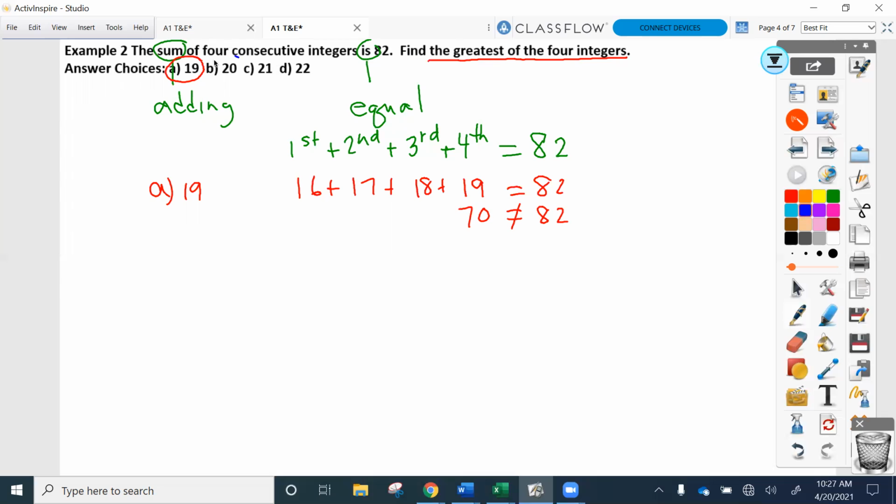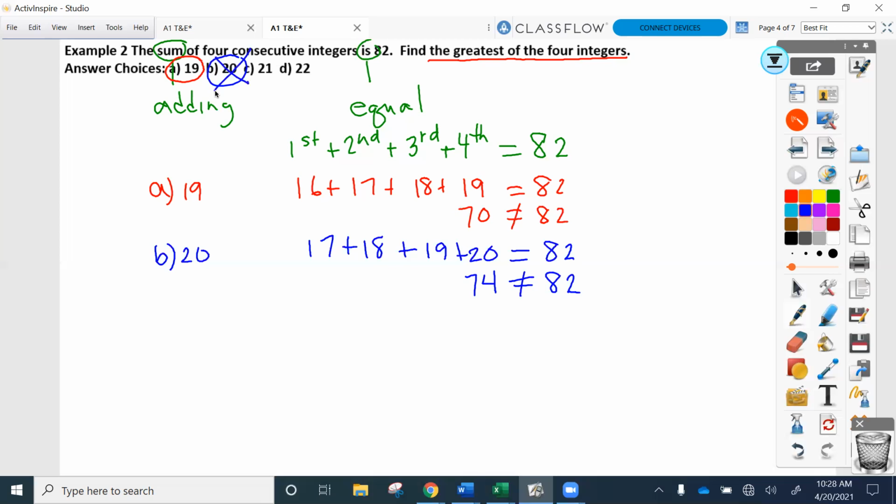So let's try B. Well, if 20 was the greatest, then the next greatest would be 19, 18, and 17 this time. So we'll see, does that work? No, that's equal to 74. So it's not B. We already determined it's not A either.